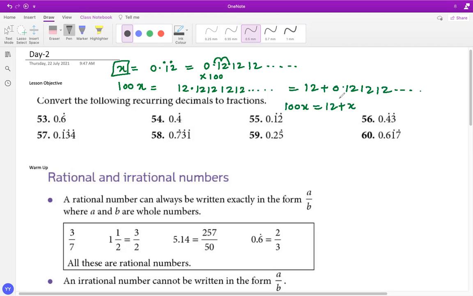If I bring this x to the left side, we get 100x minus x equals 12, which means 99x is 12. So 12 over 99, which becomes 4 over 33. So that's how you write 0.12 as a fraction.